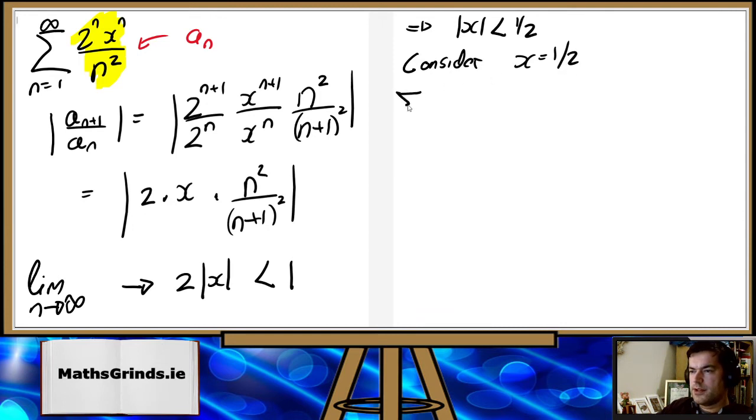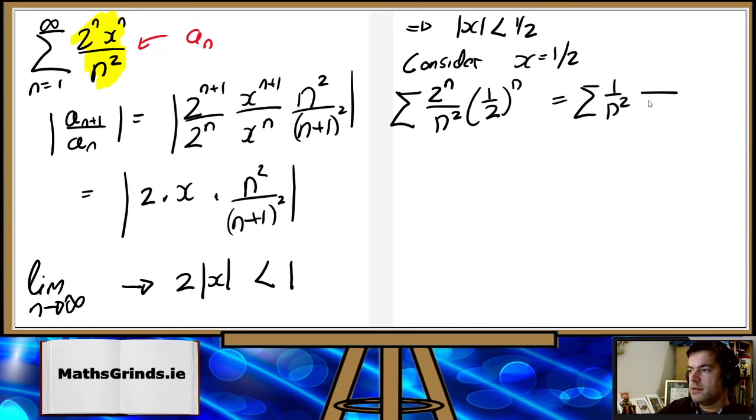We get the sum of 2^n over n squared times a half to the power of n, which will equal the sum of 1 over n squared, which converges to pi squared over 6. So this one turns out to be okay.